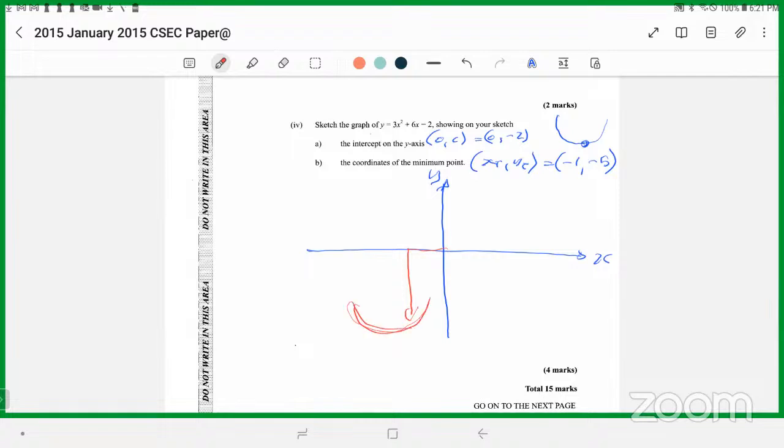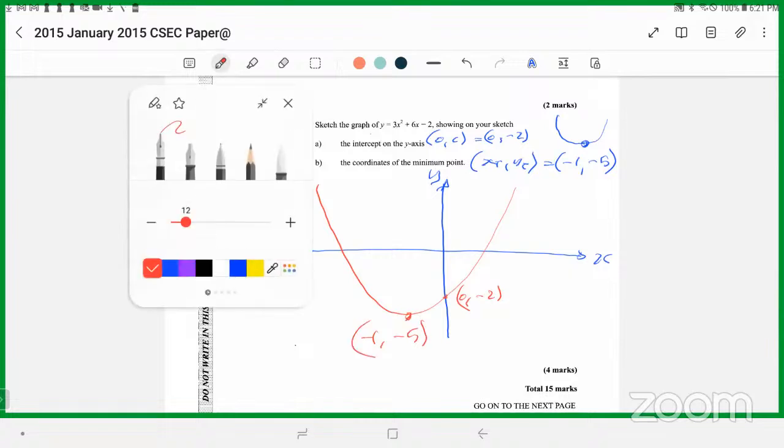Where does it cut the y-axis? At (0, negative 2). So it turns down here and crosses the y-axis down here. I just need to draw a smile that does that, like this. Here is our (0, negative 2), and here is (negative 1, negative 5).